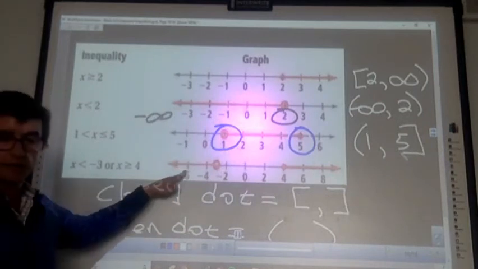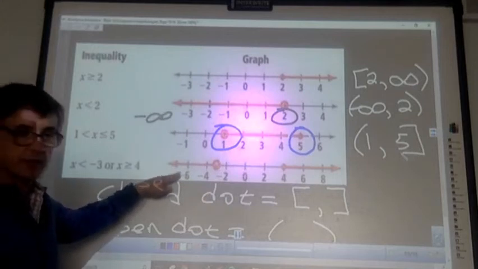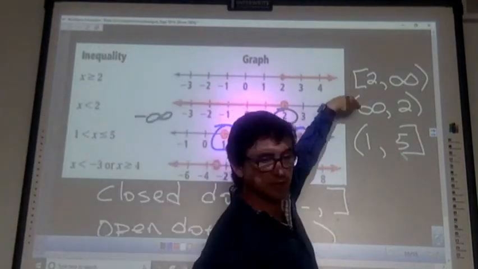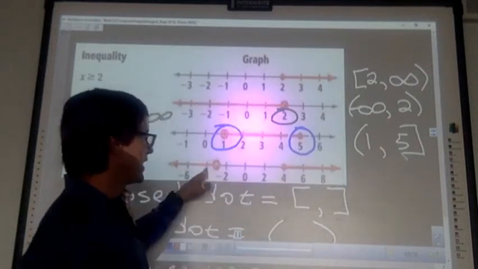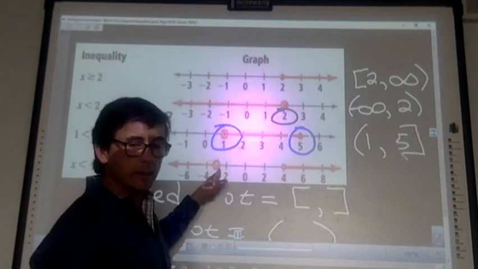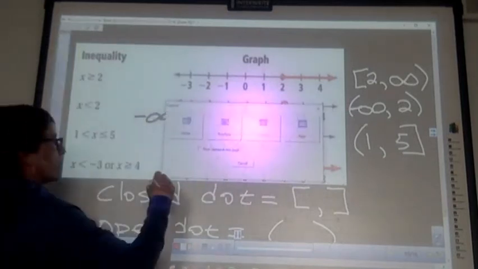So this one, we have 2 separate graphs. We need to write 2 separate interval notations like these 2. So it'll look like that just with these 2 different numbers, -3 and 4. I'm going to copy this to the next screen just because it's going to make it easier to write.